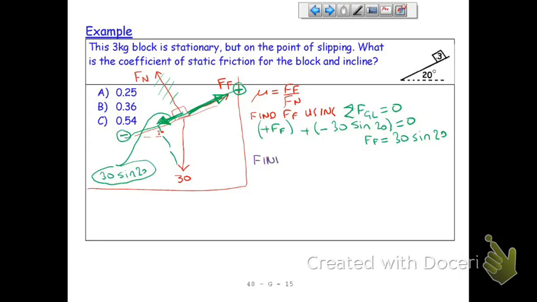Find Fn using the sum of the forces on the purple line equals 0. Where am I going to put this purple line? I want to ignore Ff, so now I go perpendicular to Ff.